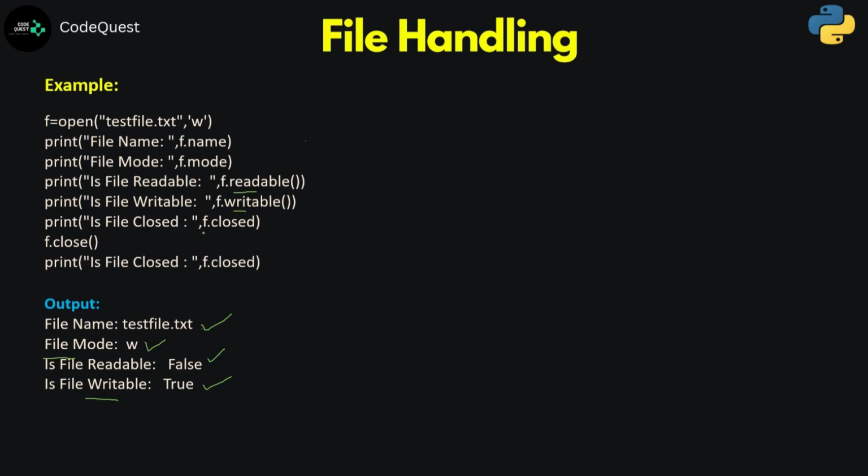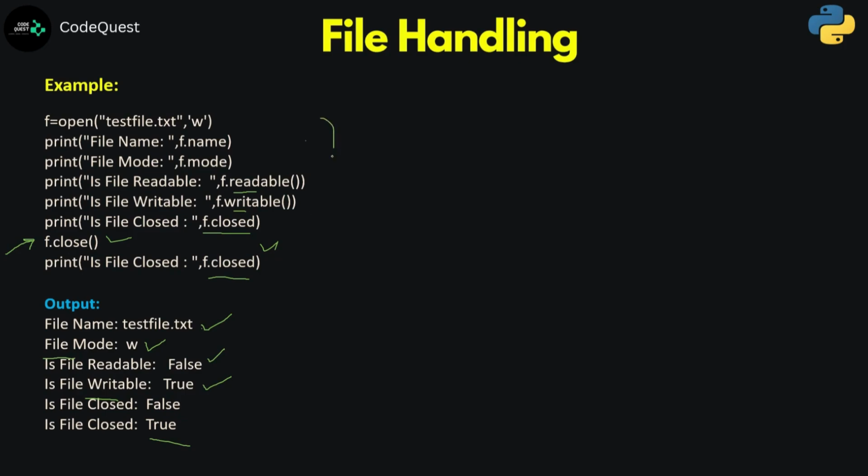As a result, f.closed returns a Boolean value which indicates that the file is not closed yet, so it is going to give me false. But at this point, I'm calling the close function. Because the close function is called, now when I verify f.closed, the file is already closed, hence it is going to return true.